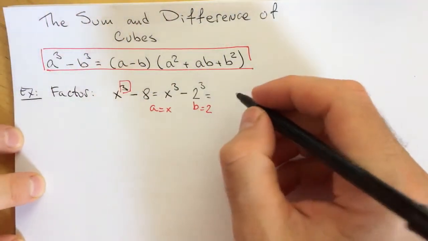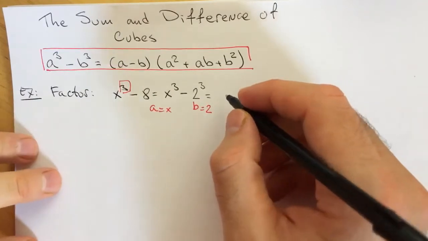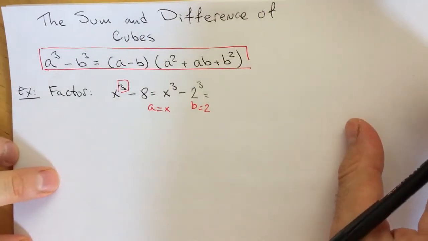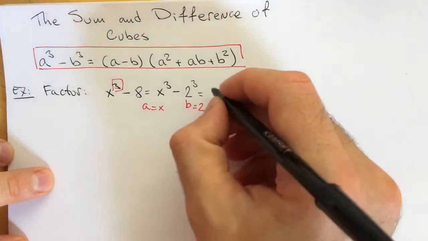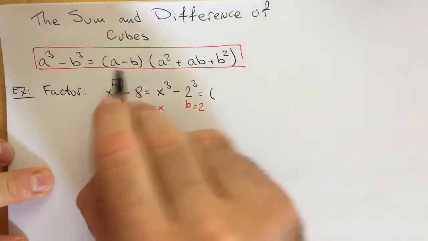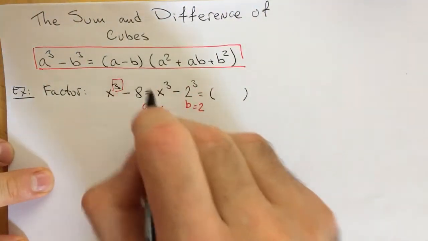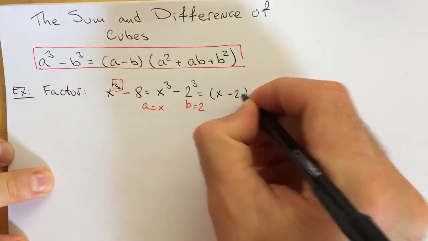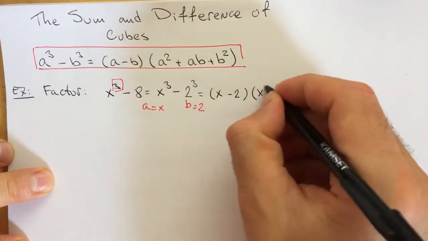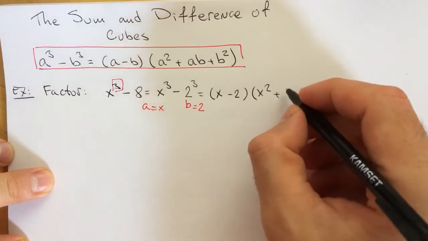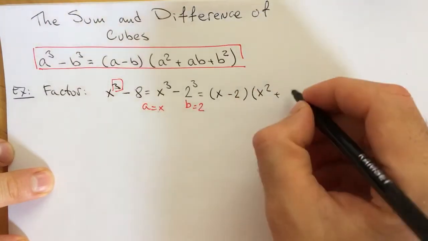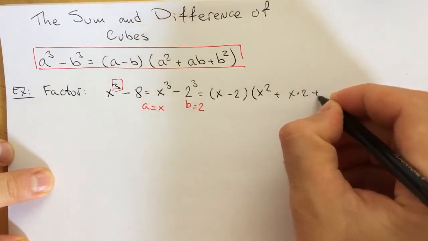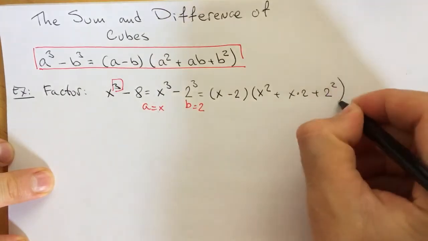Of course, you'll have to know this formula by heart, but you will use it so much that that's not going to be a problem, right? So we just follow. Open parenthesis, a minus b, our particular a and b are x and 2, so x minus 2 times x squared plus ab, x times 2, plus 2 squared.